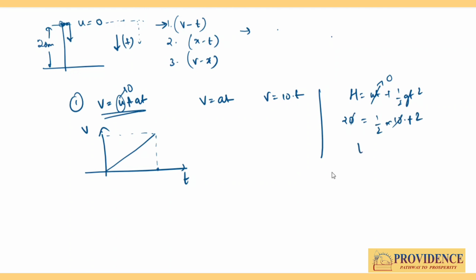So t square is equal to 4 and t equals to 2 seconds. That means this will go on till 2 seconds. The maximum velocity we will get is v equals to 10 into 2, which is 20 meters per second. So this will be the velocity time graph for this particular journey.